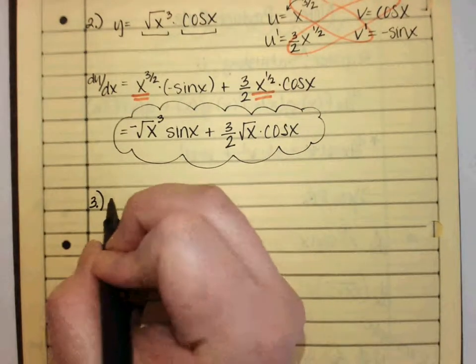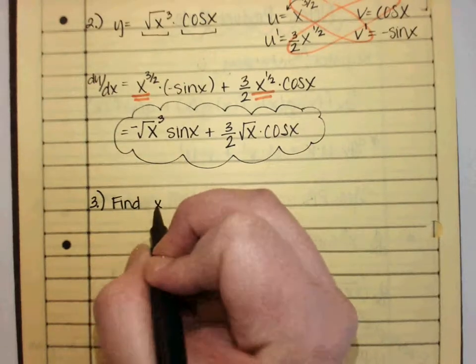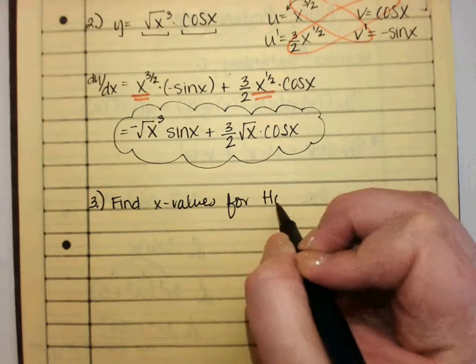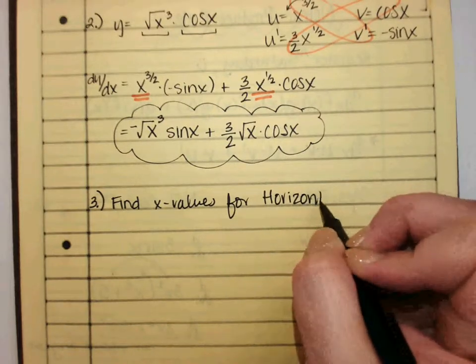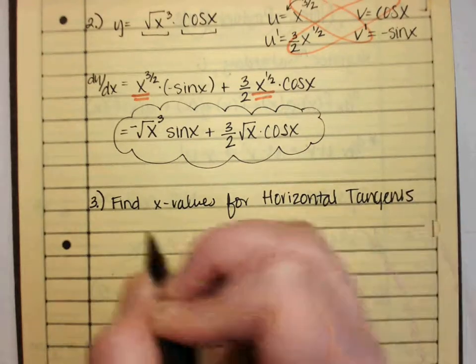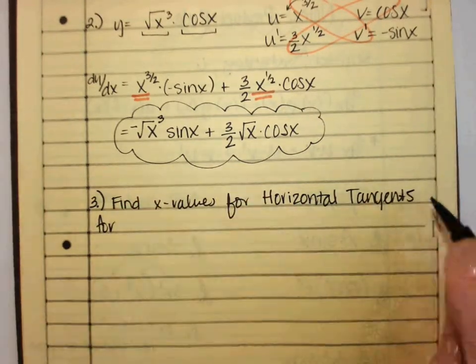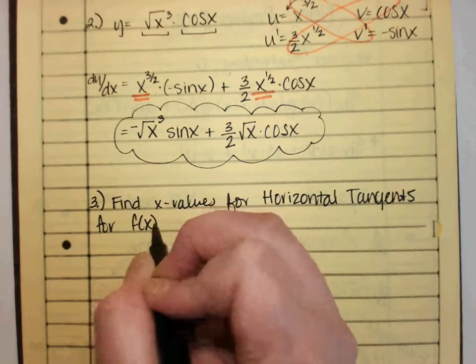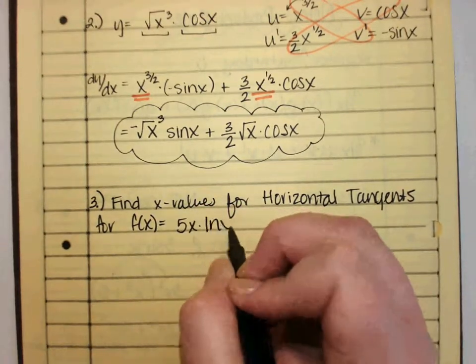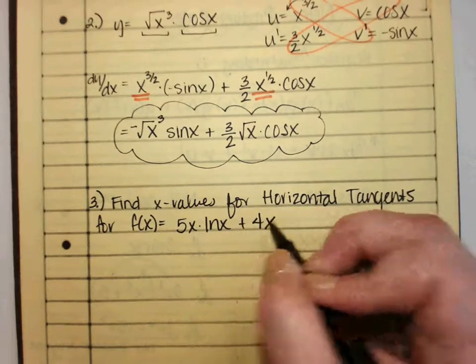Okay. So next one, we are going to find x values for horizontal tangents. For f of x equals 5x ln x plus 4x.